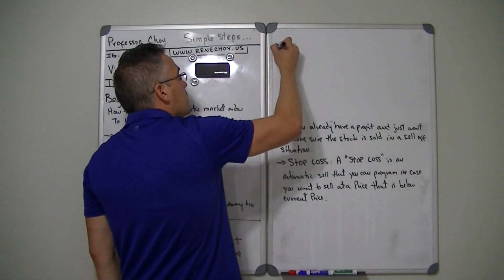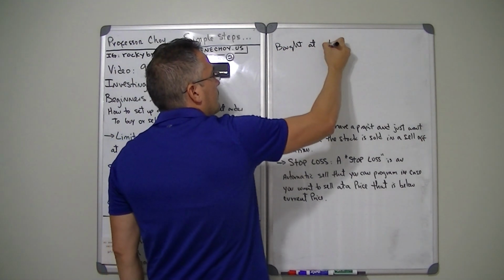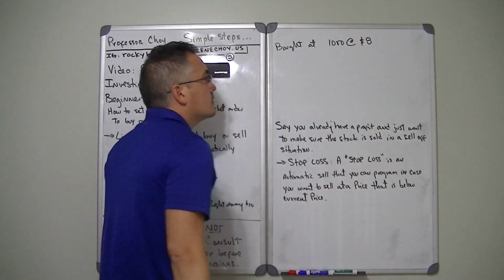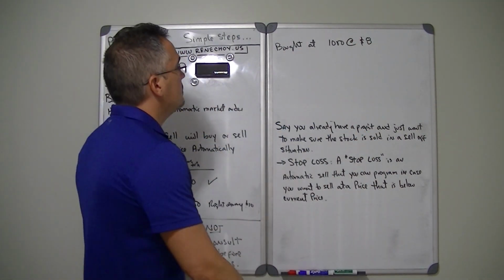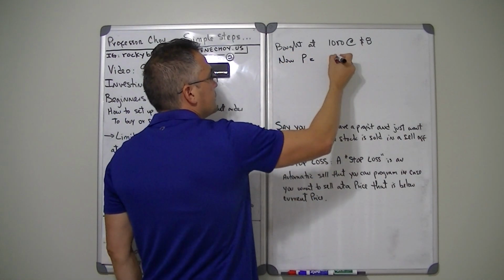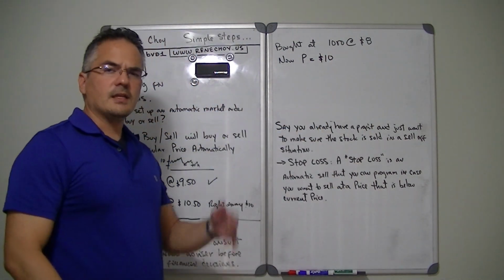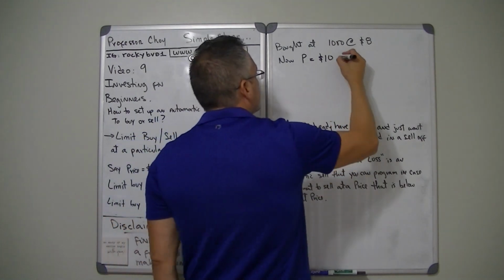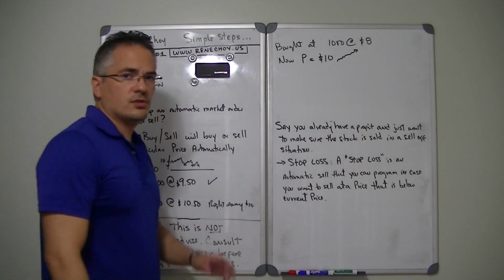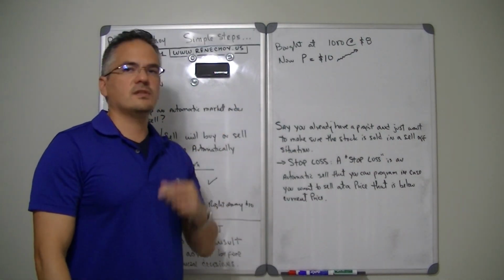So let's think about a particular transaction. Let's say I bought this stock, 1,000 shares at $8. Okay? So let's say I bought 1,000 at $8, and right now the price is 10, and the price is still going, so maybe it's still going higher, but I want to make sure that if it comes back to say 10, I just sell it.